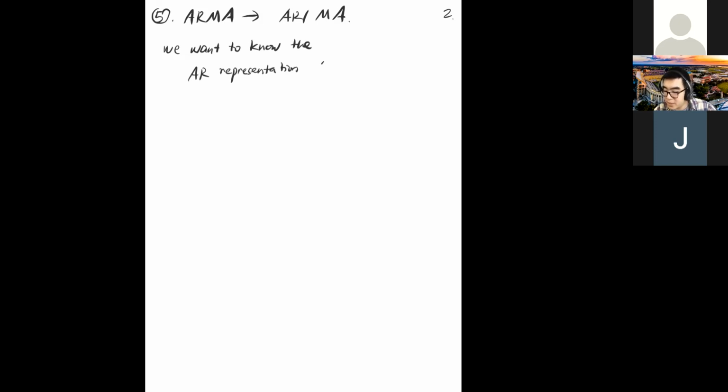This AR representation is its causal format. And we also want to know its MA representation. This is, no, I did it wrong. So this is the invertible representation, and this is the causal.